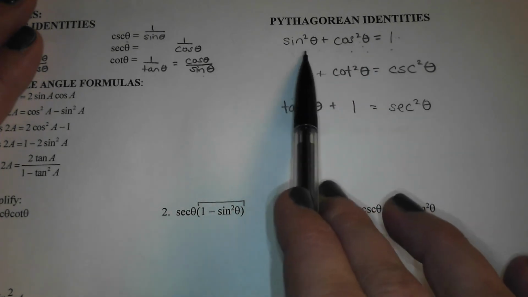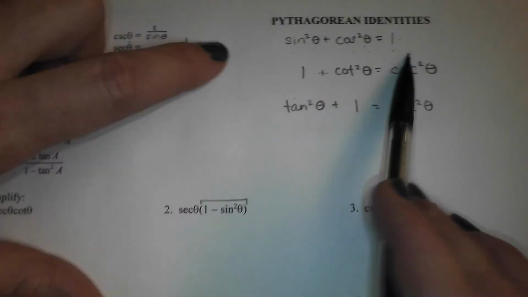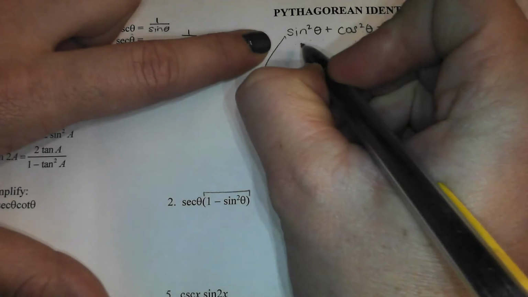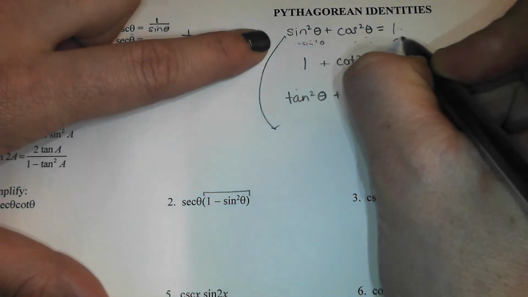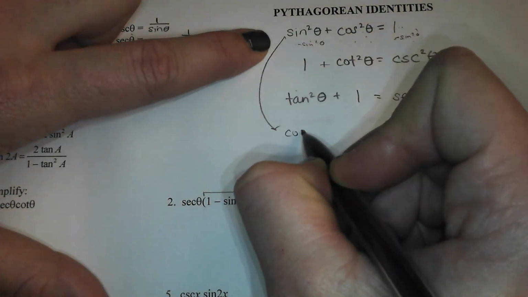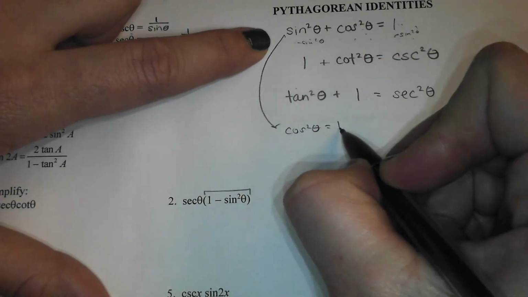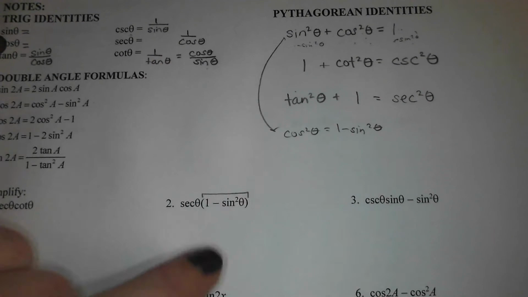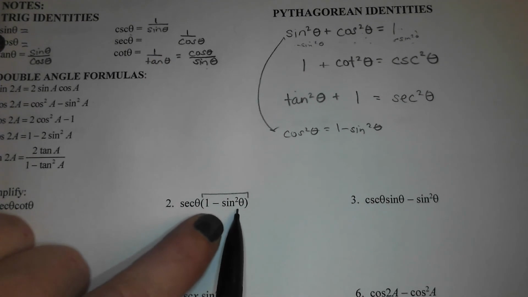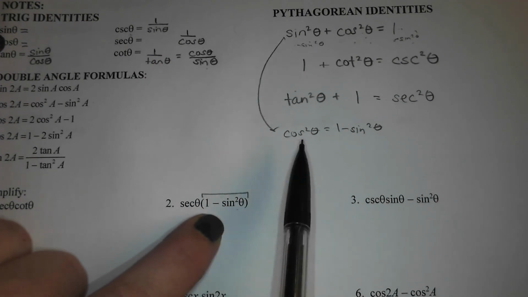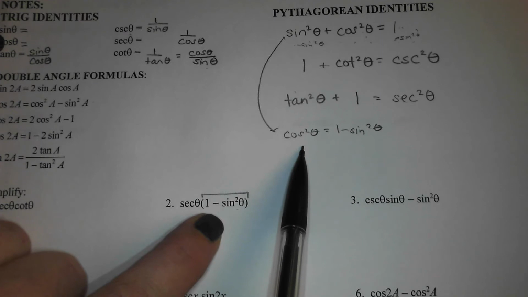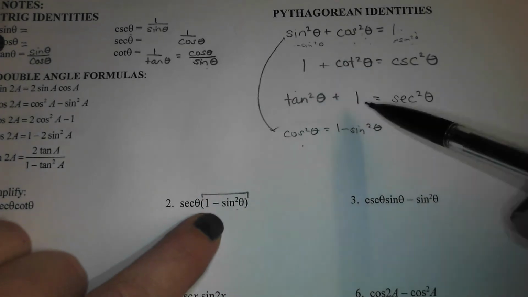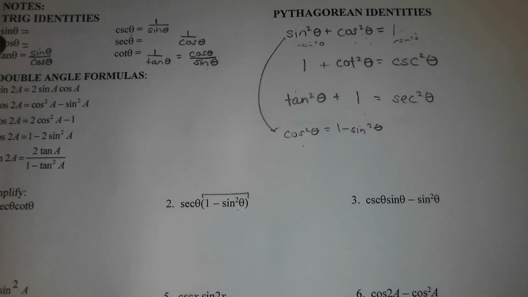So I could subtract a sine squared from both sides, and if I did that, cosine squared theta equals 1 minus sine squared theta. So I just rearranged that. So now when I see a 1 minus sine squared, I can take it out and replace it with cosine squared. So I will give you the original 3. You have to be familiar with how they can be rearranged when necessary to do a convenient substitution.